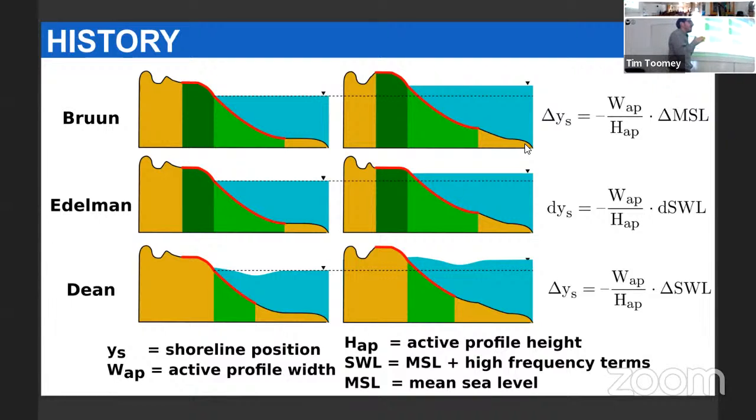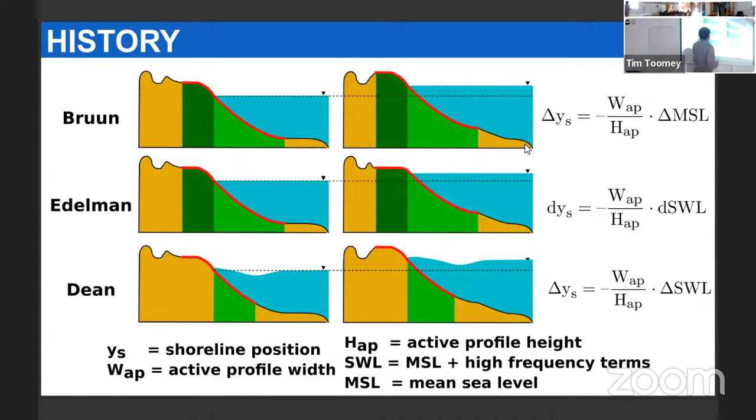And also, there's an even bigger problem with all these models, and that is that there's a lot of ambiguity about which width and which height we should consider for these computations. Depending on which author you consider, even if they are applying Bruun's rule, this model, for the same beach and the same data, they can give different answers because they consider different profiles.